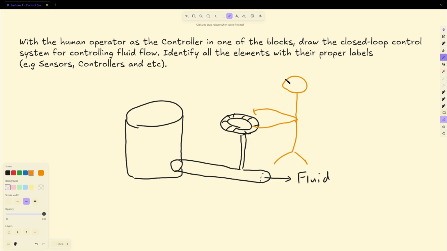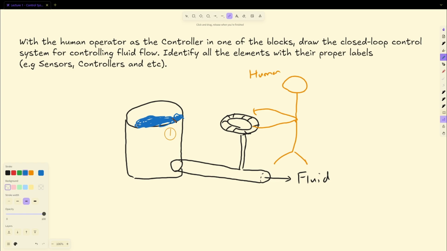So this is the human operator. And there is a meter, so to speak, that he can see. So this is the meter, and he can see what's going on here. And let's say there is some water inside the tank.